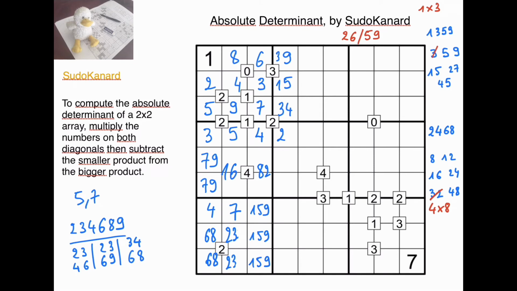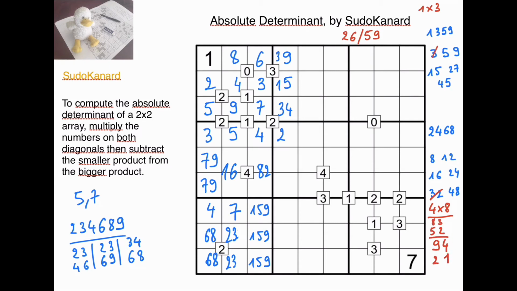There are 9 minus 8, 16 minus 15. So the only options for determinant 1 are 9 minus 8, which would be 9, 8, 2, and 4 in some order, and 16 minus 15, which is 8 times 2 minus 3 times 5.